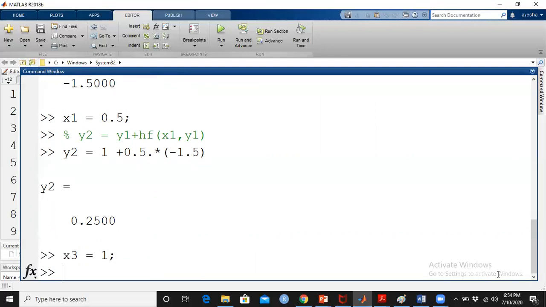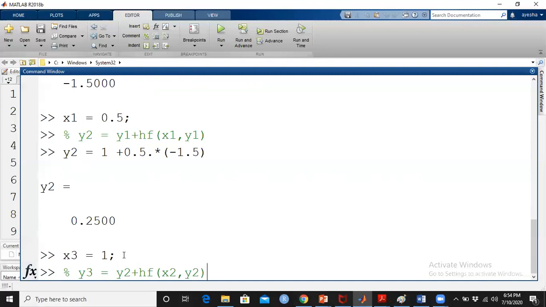Now I want y3. Let us write the formula for better understanding. The formula is y3 is equal to y2 plus h times f of x2, y2.